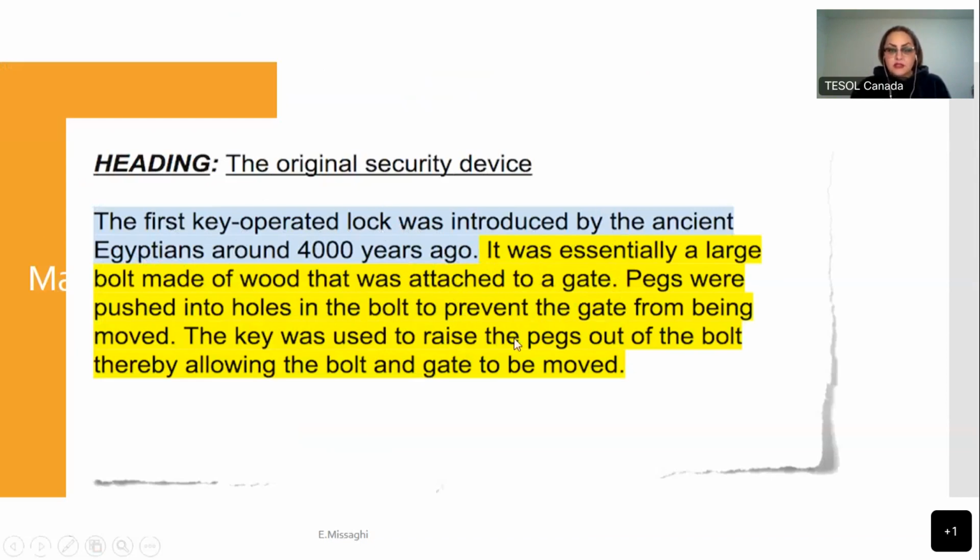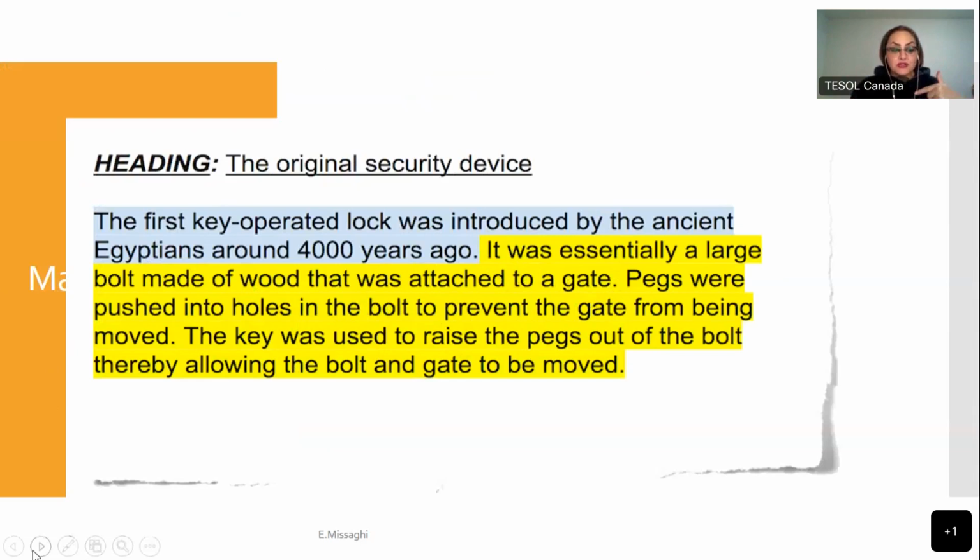Then the yellow parts are supportive sentences. It was essentially a large bowl made of wood, and then it talks about different parts of it. So by skimming, students can read just the topic sentence of each paragraph to understand what the paragraph is about.